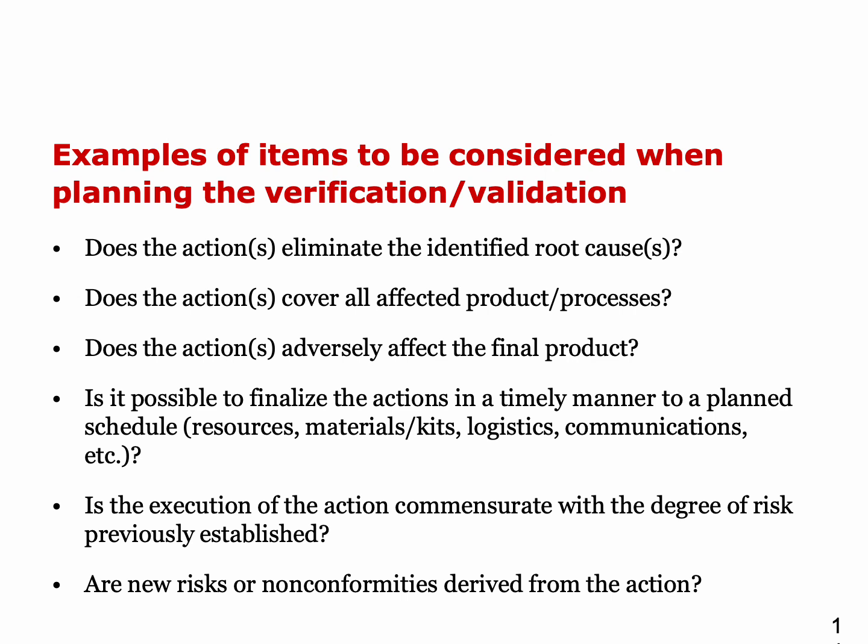Now, is it possible to finalize the action in a timely manner to a planned schedule? And of course, these are all examples of items that we have to consider for the verification and validation. So these are types of questions that you will also see on the verification checklist or the validation checklist, and checklist that is being used by auditors or inspectors.